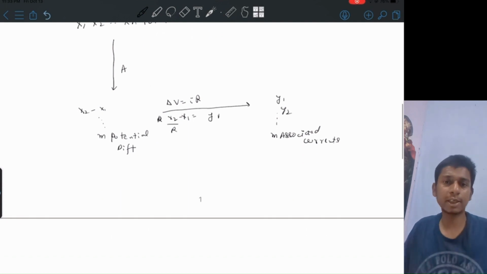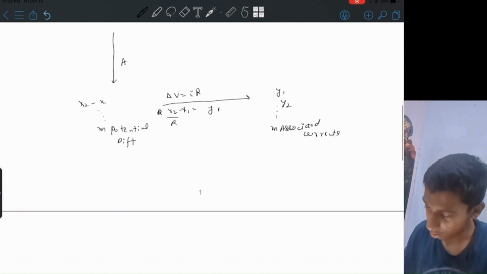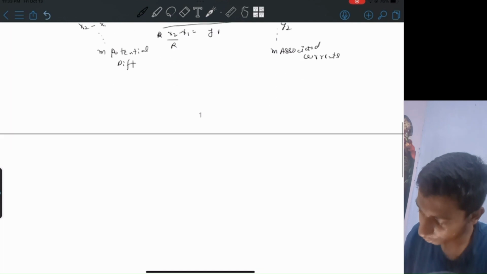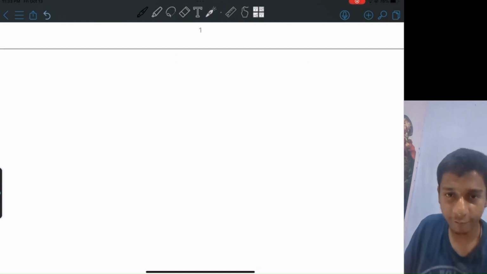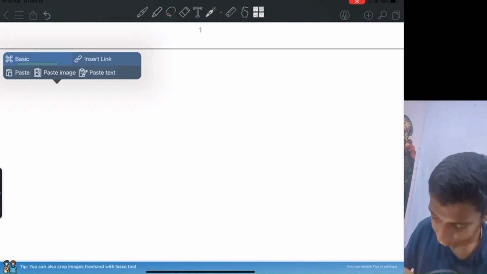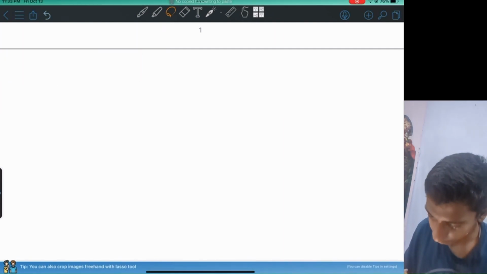So now let's look at a different picture which would involve y's. Since I have the A matrix, first let me have my graph.